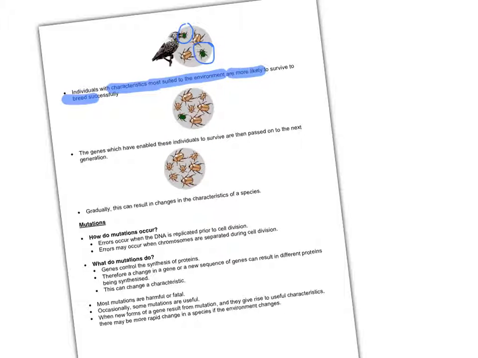These successful genes, the genes that cause the beetle to be brown and camouflaged and able to survive, are then passed on to the next generation. So over time this will result in a change in the characteristics of a species, in this example more brown beetles being around than green beetles.